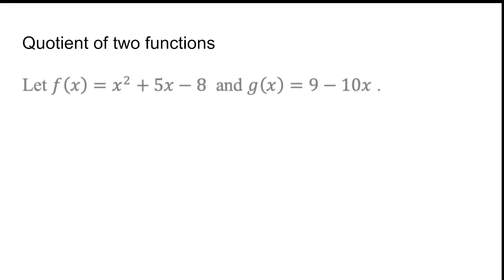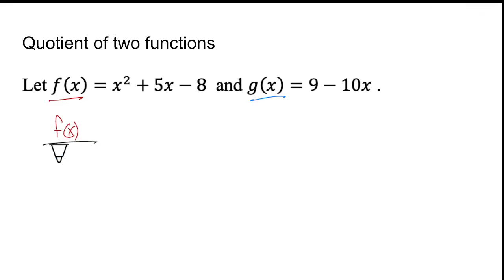Quotient of two functions, this is actually one of my favorites because it's really so easy. We're given two functions and we're asked to find their quotient. So again, we'll go ahead and use some color coding. The thing that makes it so easy is most of the time we're going to have functions that don't really reduce.